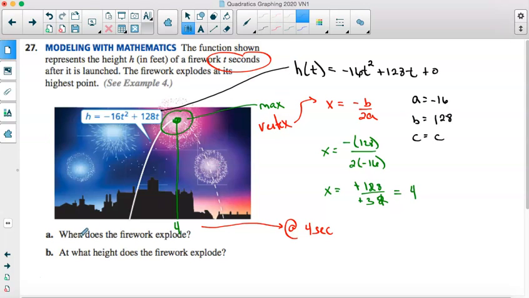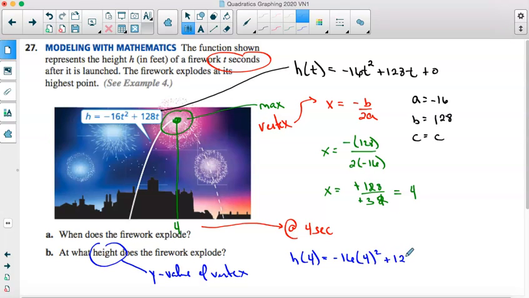Part B says, at what height does the firework explode? So there's the x, and now I'm looking for the y value of the vertex. We have 4, so we find the y value by plugging 4 into my equation: negative 16 times 4 squared plus 128 times 4, and there's no plus 0 there.